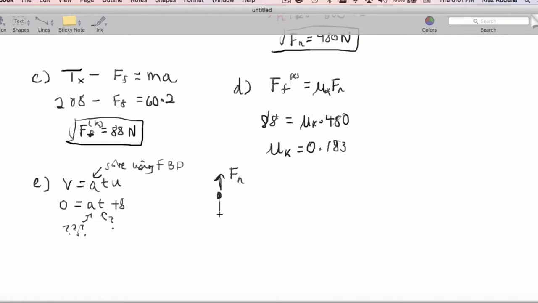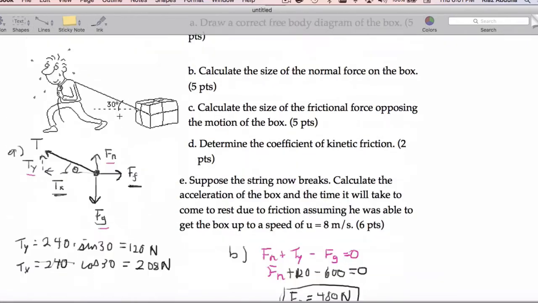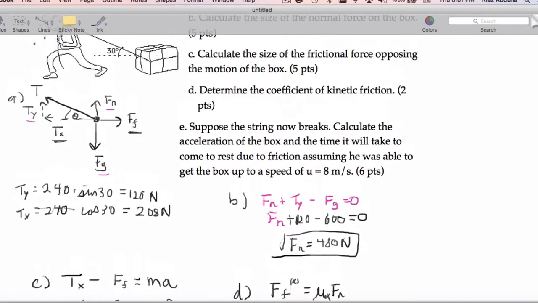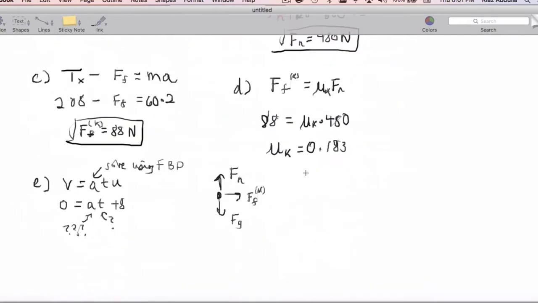So we have the normal force, we have the weight force, and we have the force of kinetic friction going this way. One small problem. You cannot use the result of part C because we no longer have a rope, and if we no longer have a rope, that is no longer affecting the normal force value. So let's first get the normal force by balancing forces vertically.